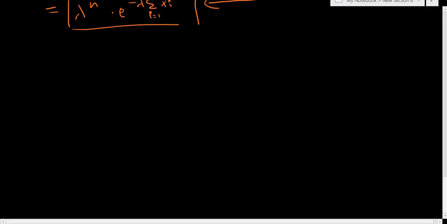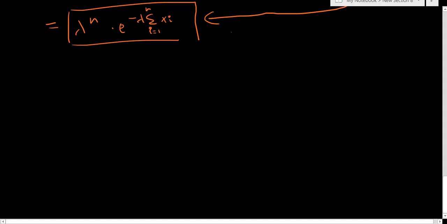So this is our likelihood function, and now we will try to maximize it. In order to maximize this, first we need to differentiate it, and the differentiation of this function is a bit tricky because we are differentiating with respect to lambda, and there are two lambda terms here, so we'd have to apply the product rule. In order to not go that way and to simplify this a bit, we're going to use a trick. We are going to use the fact that whenever f(x) is maximum, the logarithmic function of f(x) is also maximum.